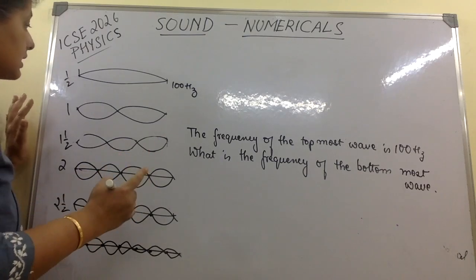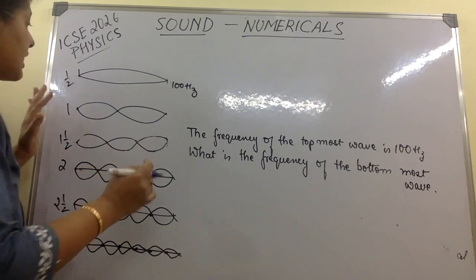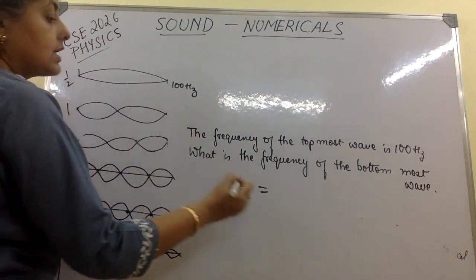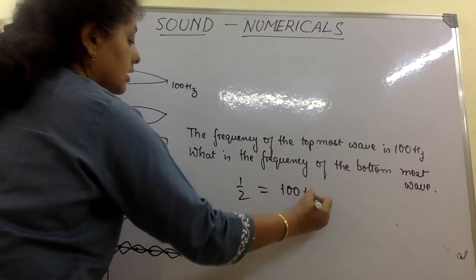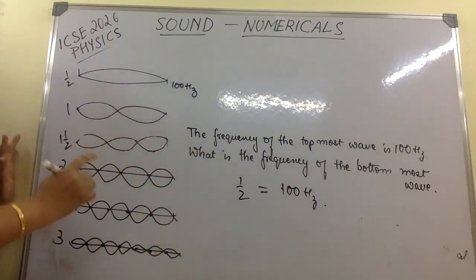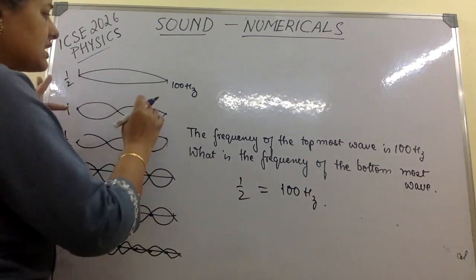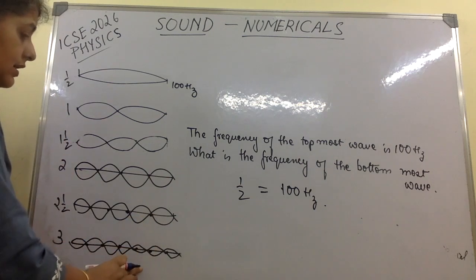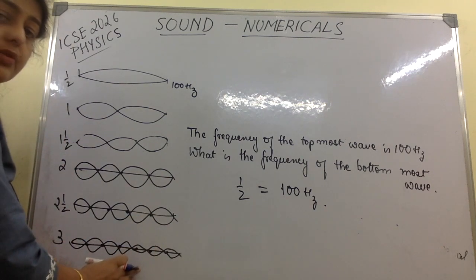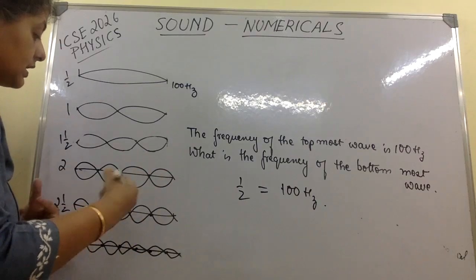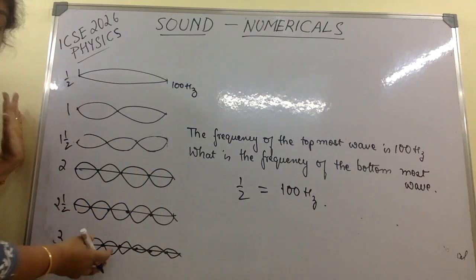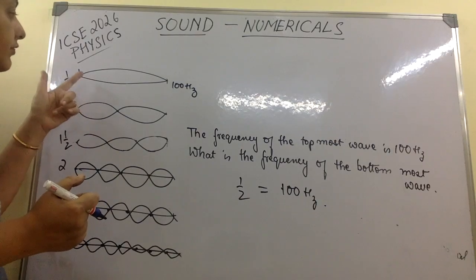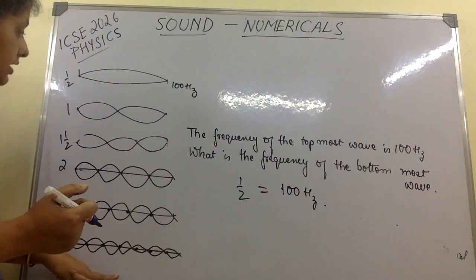So what happens is, if in the same time they are forming just half a wave, the one that is forming has a frequency of 100 Hertz, okay? Here is 3 full waves. Okay, 3 full waves it is forming, means in other words, if this is half, whatever is the frequency of this is how many times of that?